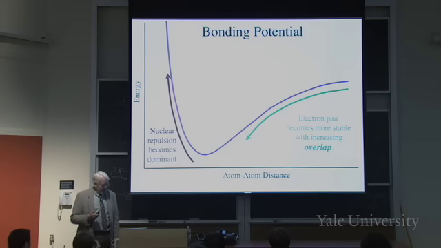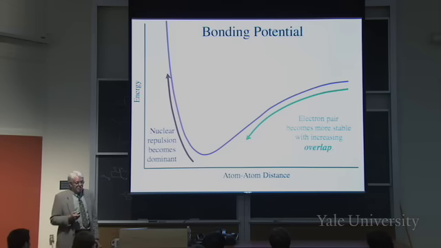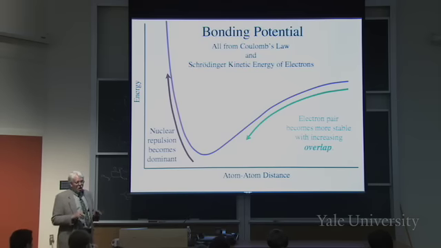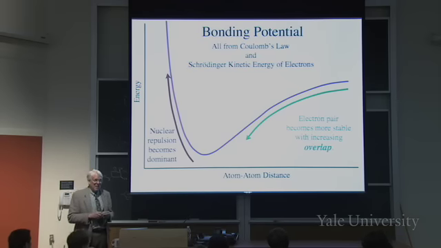And then the nuclear repulsion becomes dominant when they get too close, right? So all this is Coulomb's law. There's nothing special. There's no correlation energy, which is some completely new physical phenomenon, right? It's all Coulombic. Correlation energy is just, remember, an excuse for the error you're making, or a way to hide it.